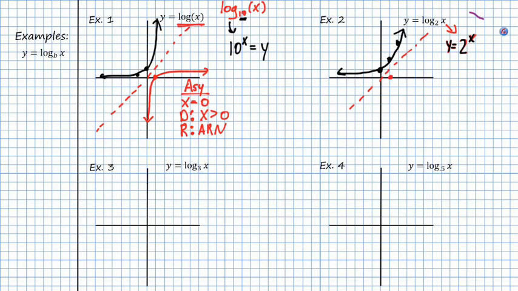And you'll get a point here, a point here, a point here, 1, 2, 3, 4, up 2. I'm sorry, this point is actually supposed to be right here. So we get a nice curve. All right. And again, your asymptote is at x equals 0. Your domain is x is greater than 0, and your range is all real numbers.